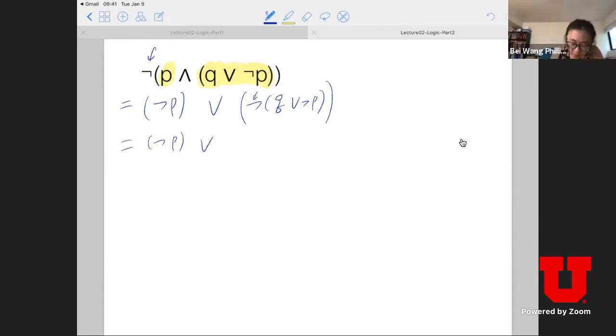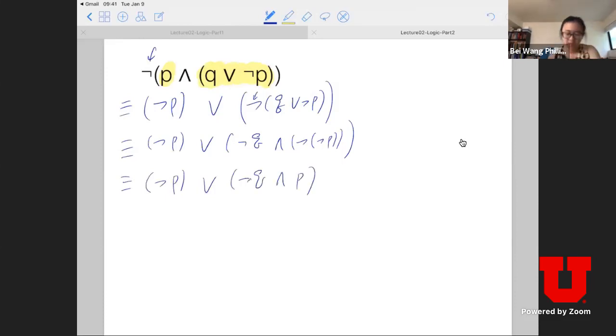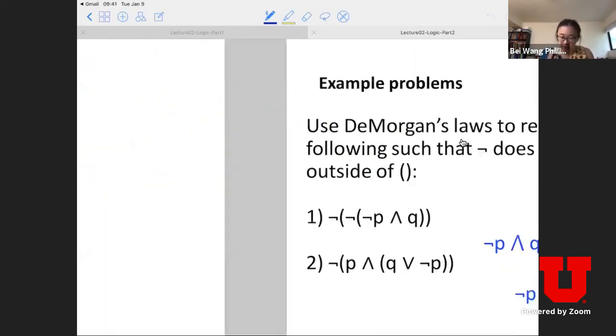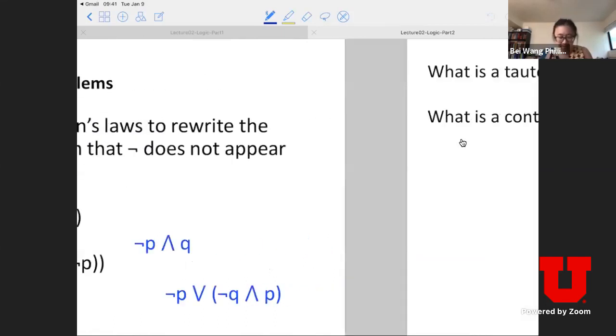Now I need to bring it in, so I have negation Q and negation of negation P. Okay, so if I simplify it, this is what I have, because negation of negation P is P itself. Okay, so that's it. So now I have reached a state where there's no negation symbol outside the parentheses. Okay, so that's a quick review of the final answer if you're solving this on your own.